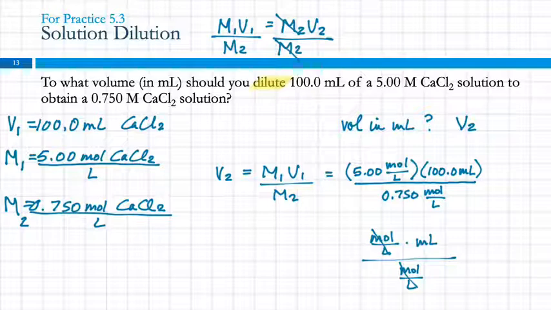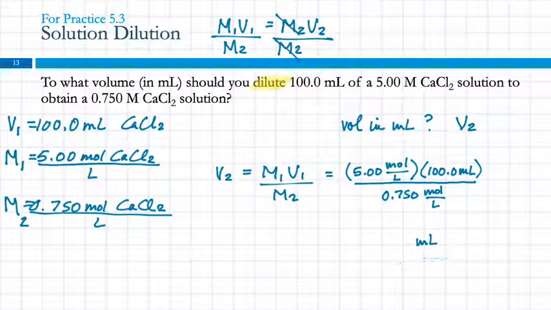So if it was asking me for the volume in liters, then I'm going to have to convert somewhere, because this is going to give me the volume in milliliters. This happens to be what I need, so we're going to leave it alone. So moles per liter cancel with moles per liter.